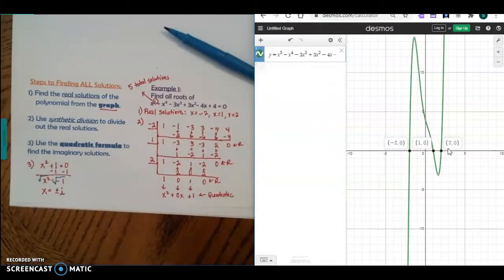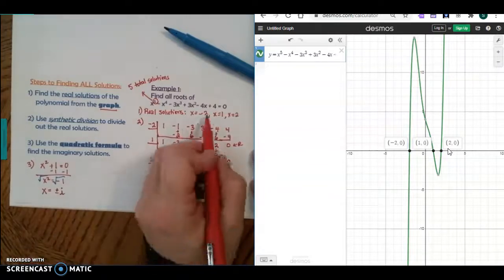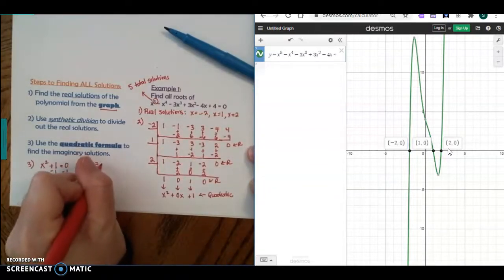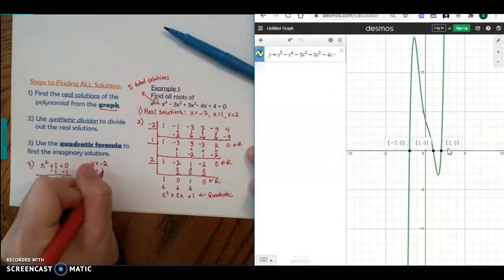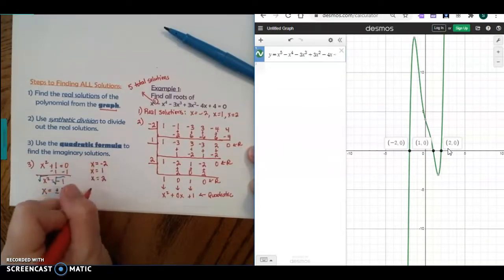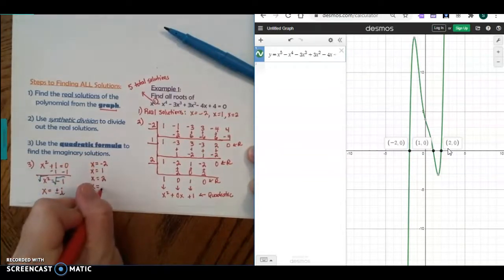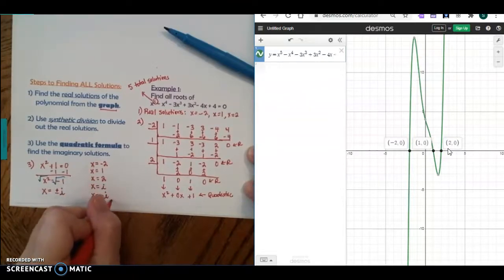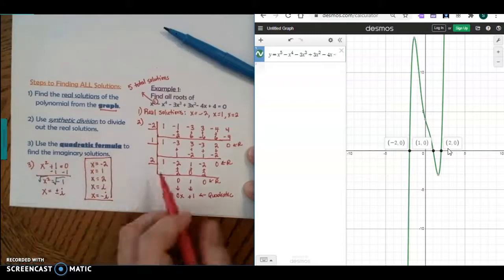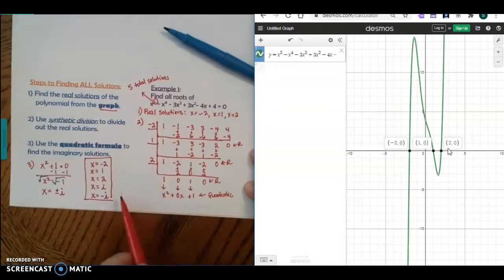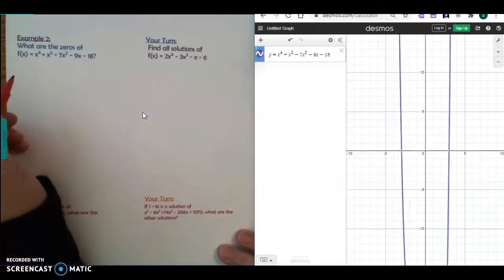So your solutions for this problem are x equals negative 2, x equals 1, x equals 2, x equals positive i, and x equals negative i. We said we needed 5. There's all 5 solutions.